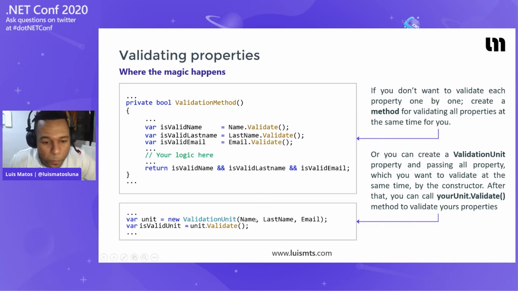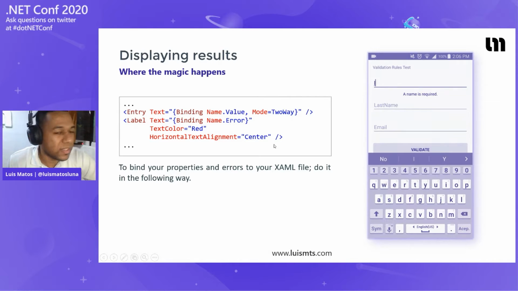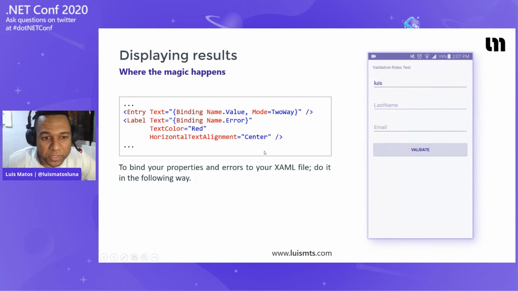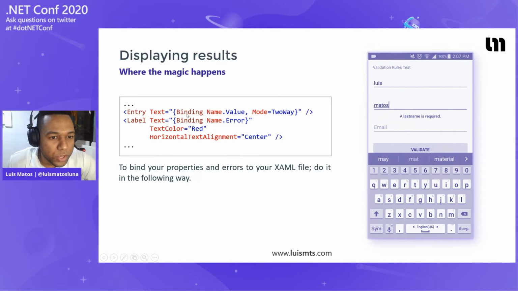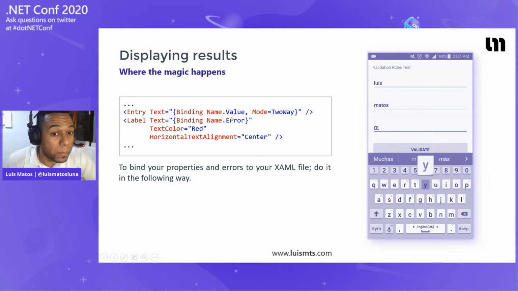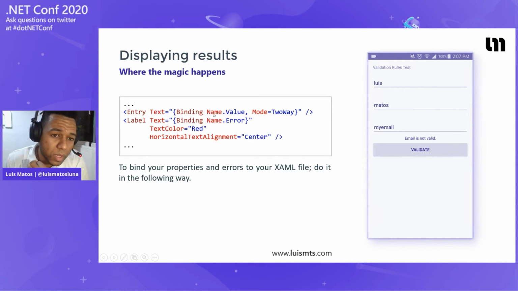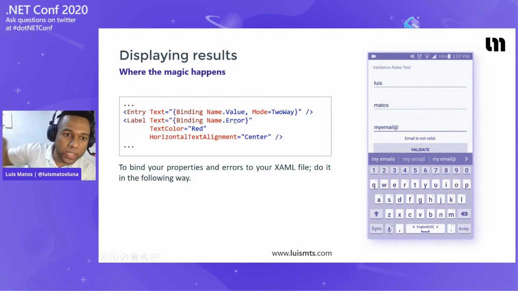So once we have that, we can just bind our property. Here I have an example, and you can see that I'm binding my properties with the value, because you can bind your property directly. You have different properties inside your property.